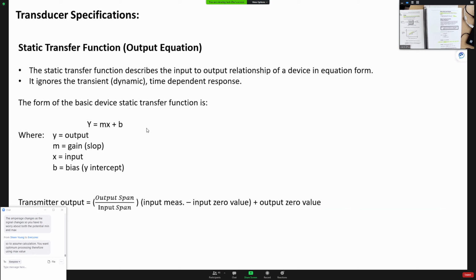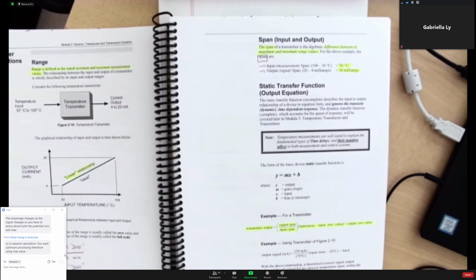This formula, if you're pretty good with math, or you have a good math background, you can use to do your calculation. This formula is also in your book on page 2-15. But we found that most students who come to our electrical trades are not so good with this formula. So we try to simplify something for you.